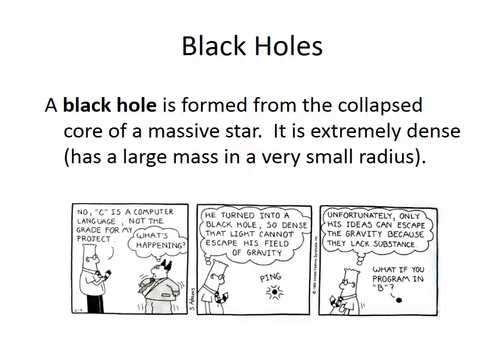If even the neutron degeneracy pressure can't support a really, really large mass, something happens that is outside our understanding of physics. All that we know is that we have a very large mass in a very small radius, something that is extremely dense.